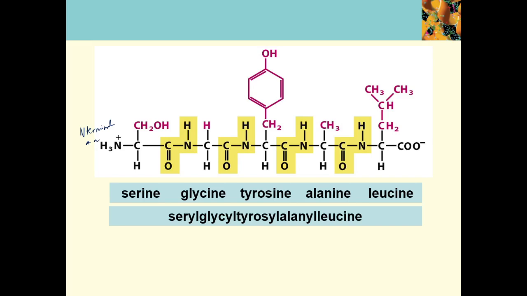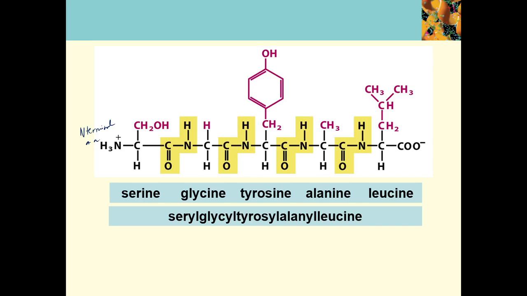That is how you will name your polypeptide using the YL names. So you change the INE of the amino acid to its YL name, especially if it's not the C-terminal amino acid.